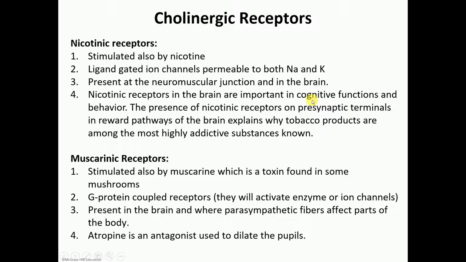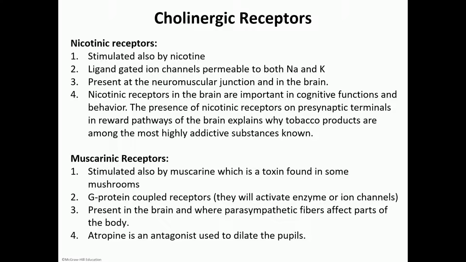And these receptors are really important in cognitive function and behavior. Whenever anybody smokes, they are stimulating these nicotinic receptors, and that could lead to the shakiness that happens after smoking. It's also the reason why tobacco smoking is highly addictive, because we have a lot of these nicotinic receptors in the brain. And trying to withdraw from nicotine can lead to withdrawal symptoms.